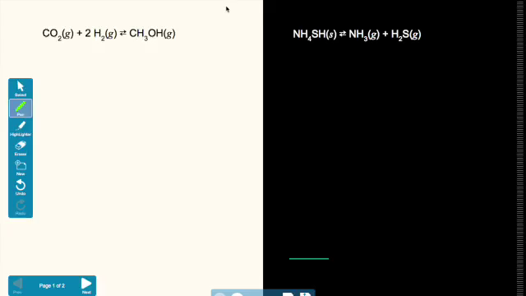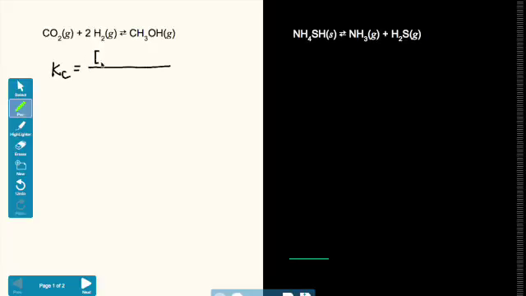Now that we have looked at the general equilibrium constant expression, let's look at some real chemical reactions and find their equilibrium expressions. So for the first one, we have Kc, equilibrium constant, equals product over reactant. And what's our product in this case?